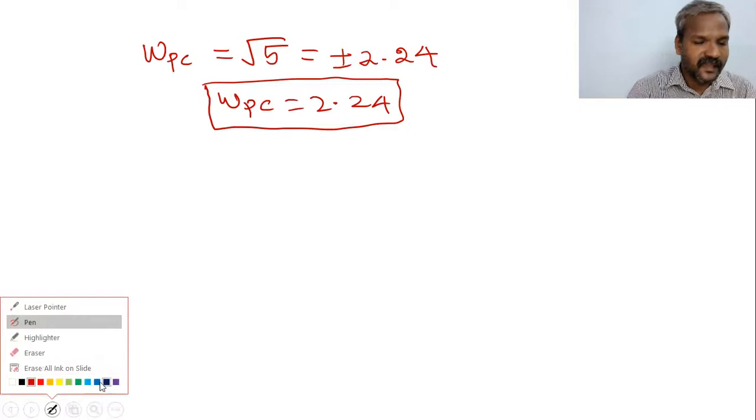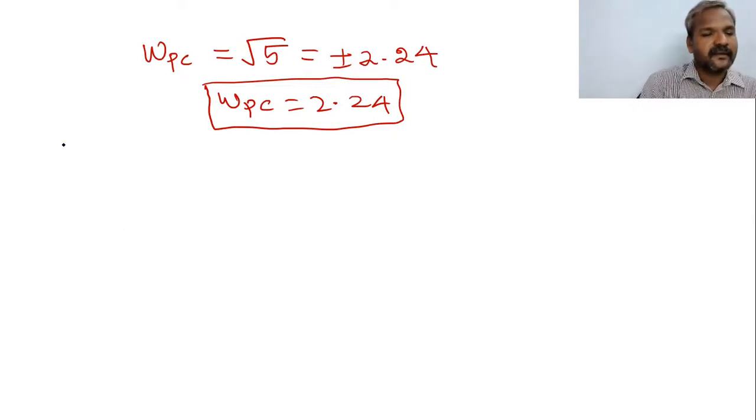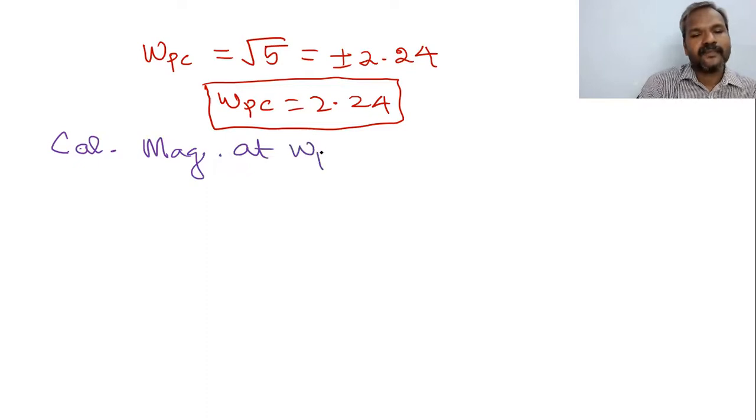Now let us calculate the magnitude at this phase crossover frequency. This is responsible for calculating the gain margin. So what is the magnitude at omega PC?